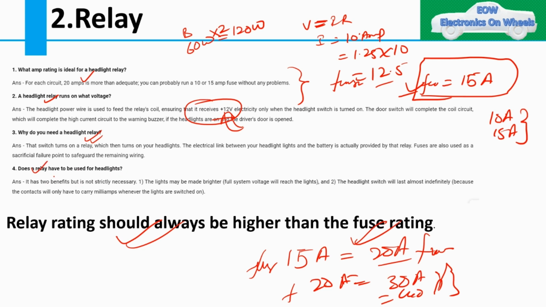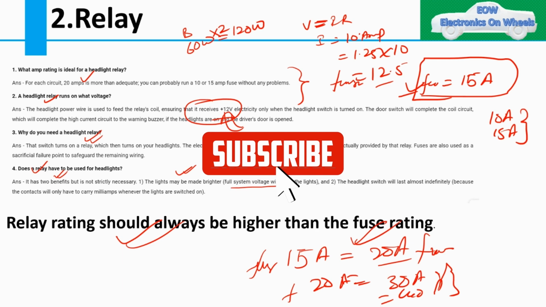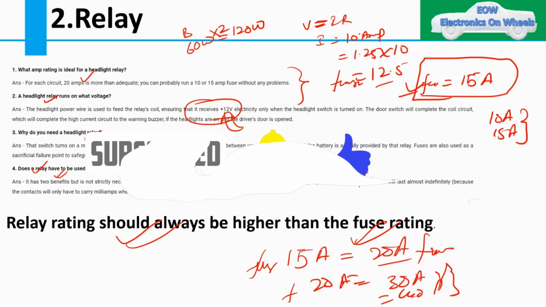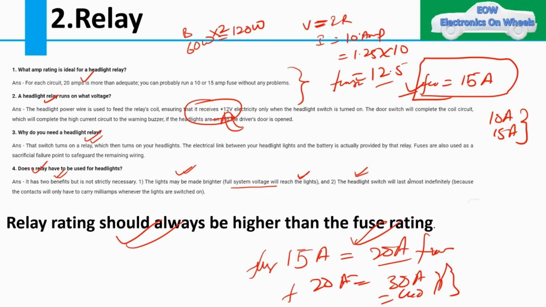There are two benefits, but it is not necessary that you only use the headlight relay. What are the benefits? Lights may be made brighter because full system voltage will reach the lights. The second benefit is that the headlight switch will last almost indefinitely. What does it mean?